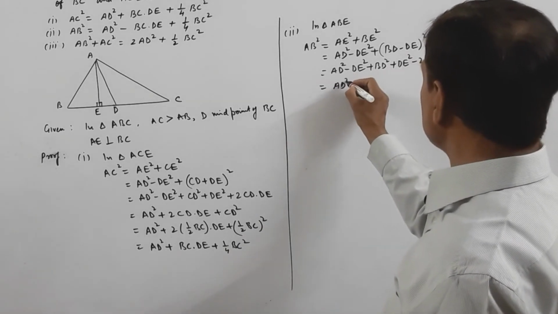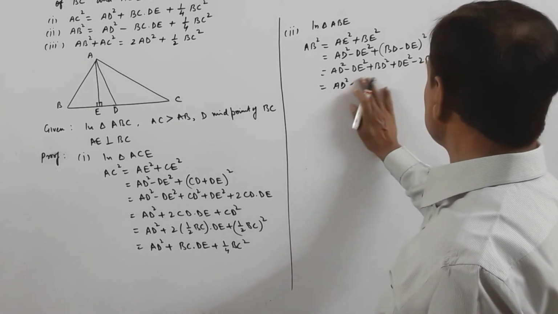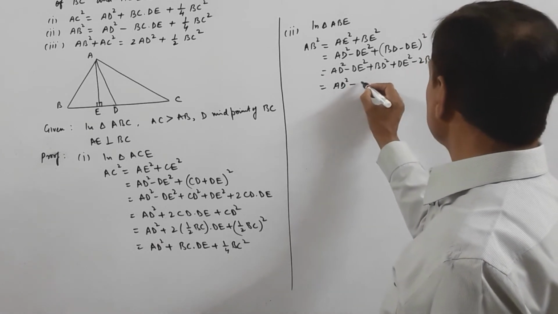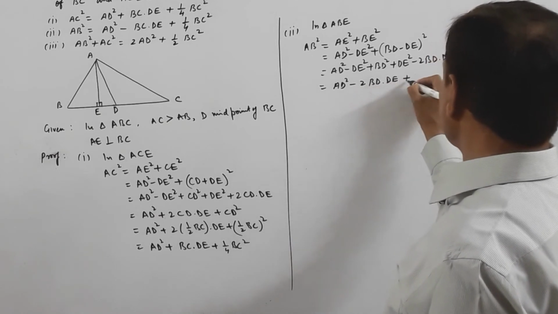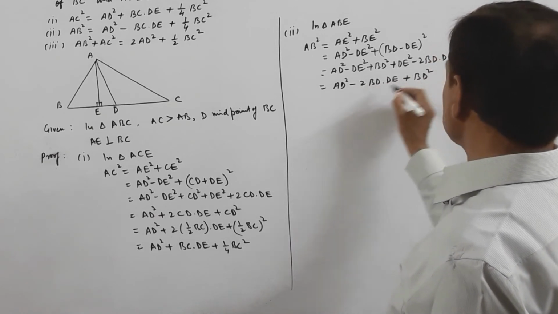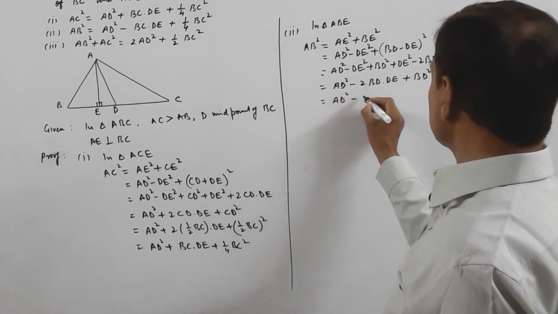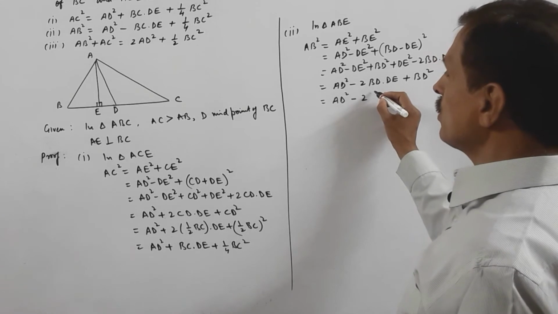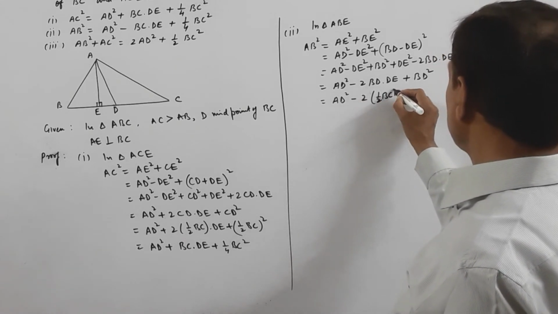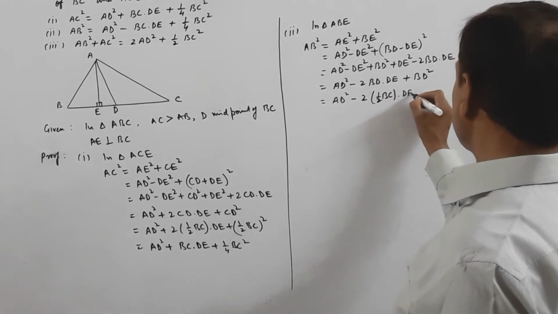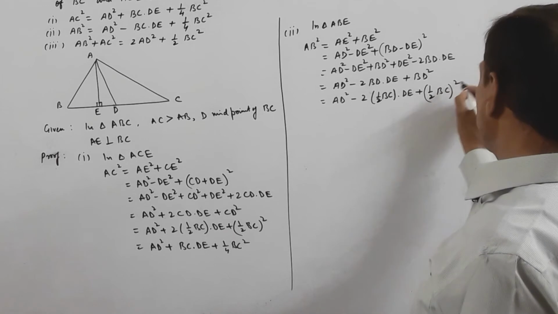Therefore, this is AD² minus 2·BD·DE plus BD², or AD² minus 2 times, BD is equal to half BC, DE plus (half BC)².